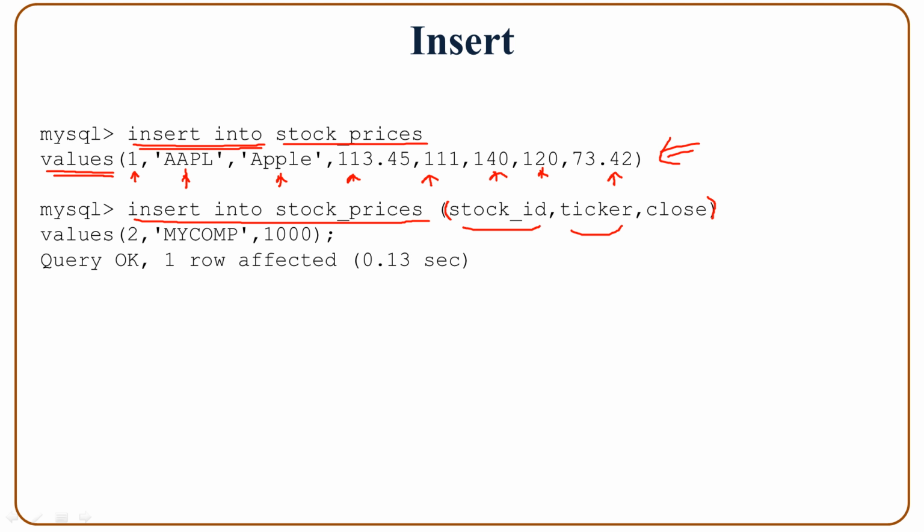So if you don't enter data for those, the system will give you an error. So I enter data for stock ID, ticker, and the closing price. So later on in the values clause, I just specify three values for the three corresponding columns.